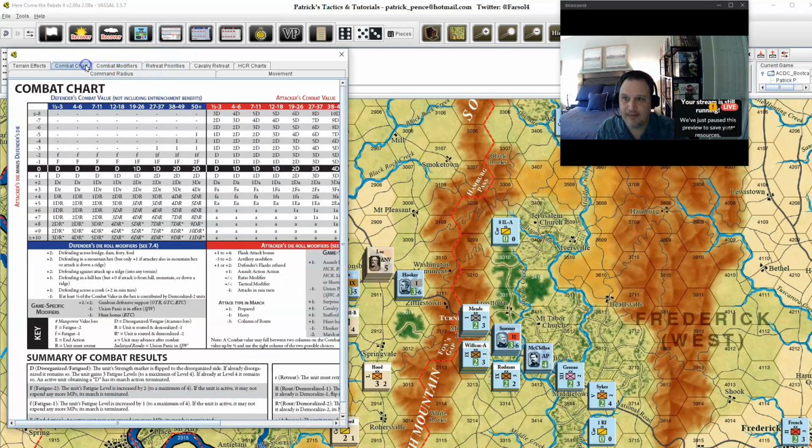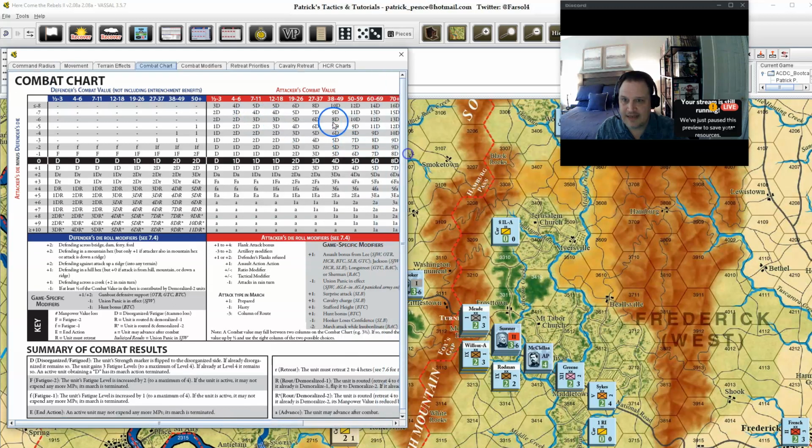And when I go back to the combat chart, I would compare the attacker's strength and then come down the matrix to the +1 and compare that to the defender's strength and look at the +1, and that will give me some indication of what the final outcome here is.